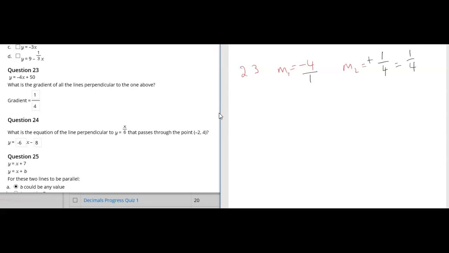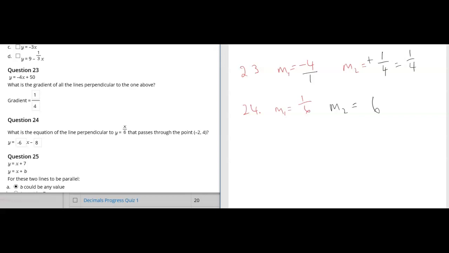What is the equation of the line perpendicular to y equals x on 6 that passes through the point -2, 4? So I'm just going to write that down. So it's telling us that the gradient of the first line is 1/6. That means the gradient of the perpendicular line, just as we did before, we're going to flip it, so it becomes 6.